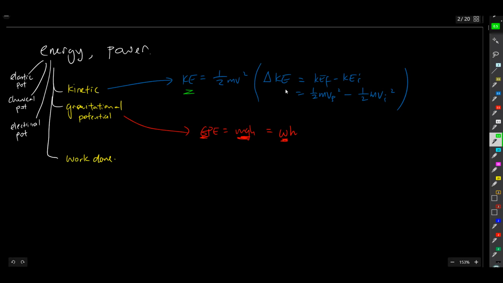So work done is more like a general form of energy input or output. So work done is still energy, and it's energy input or output by either an external factor or by the object itself.